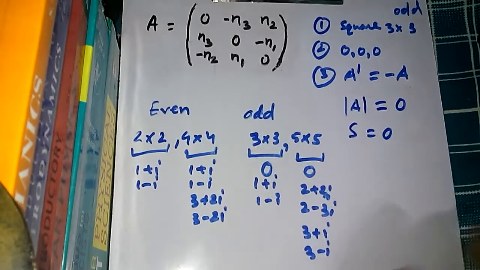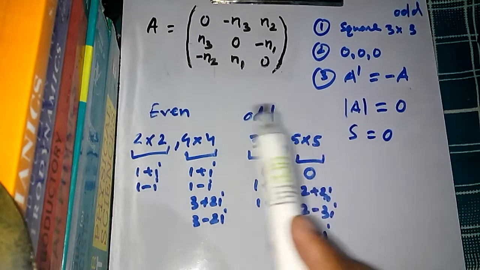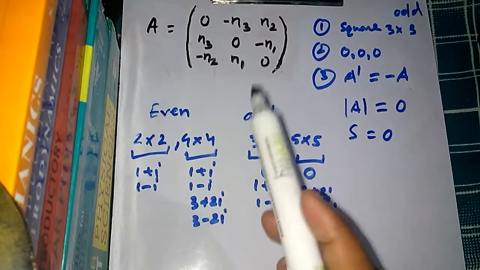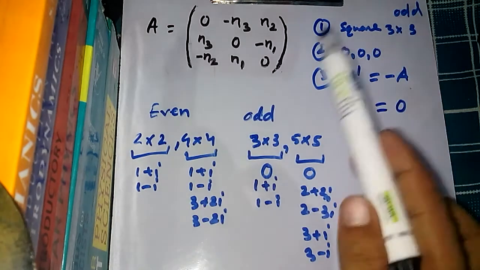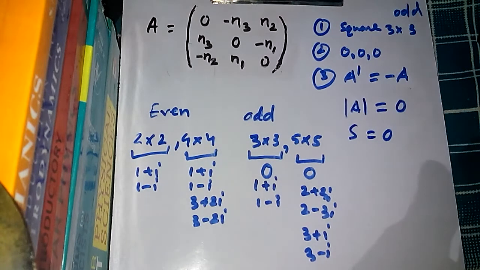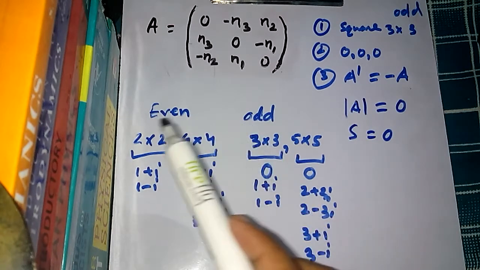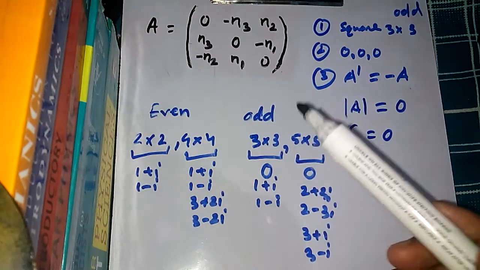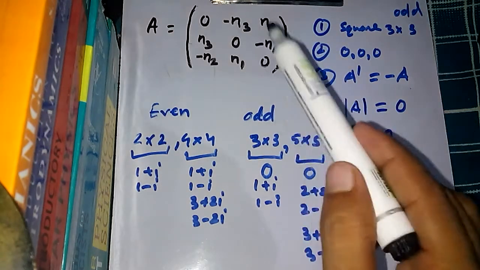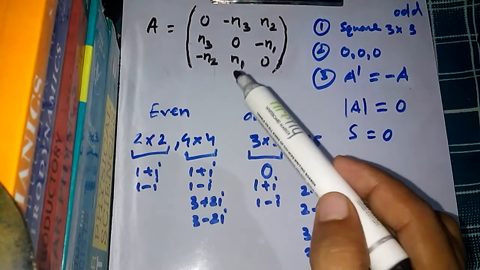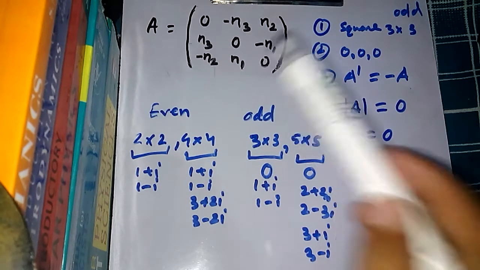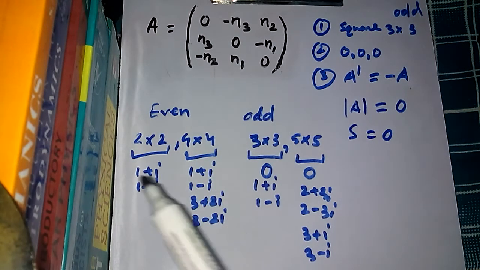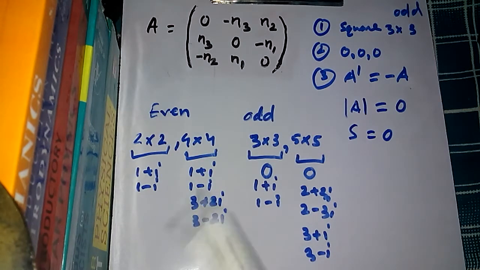So we understood that if we have an antisymmetric matrix which is satisfying all these 3 conditions, it doesn't matter whether it is even or odd, but it should be an antisymmetric matrix and all the non-diagonal elements are real numbers, then for even antisymmetric matrix, the eigenvalues are purely imaginary.